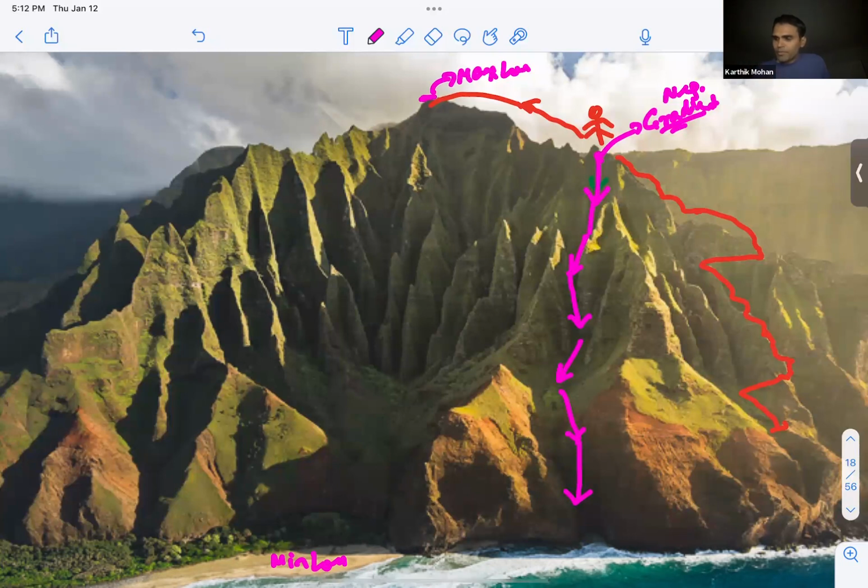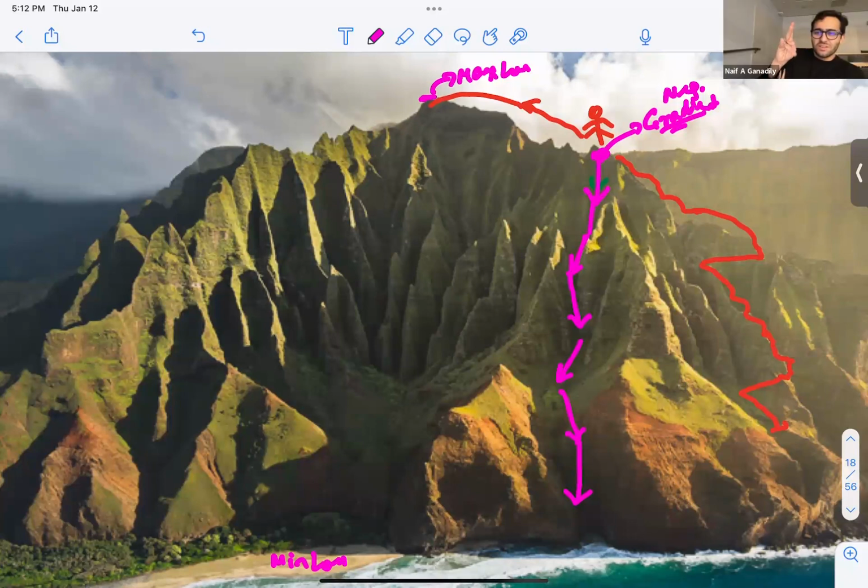This is not a point of maximum loss where you're standing. That's still high loss, but it's not maximum loss. And you want to keep reducing the loss. So you take a step in the negative gradient direction. You make progress. Then you reevaluate which is the direction now that I should proceed in, and that might be a different direction. You go in that direction, take a step, keep going.